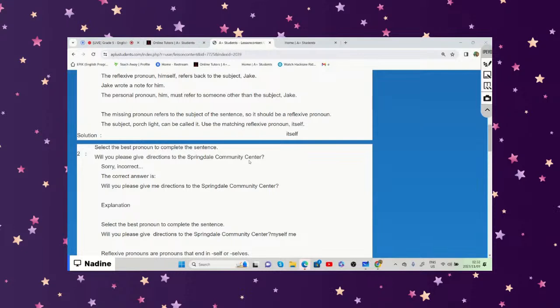So, will you please give me directions to the Springdale Community Center? Me is the pronoun, and that is basically a personal pronoun.